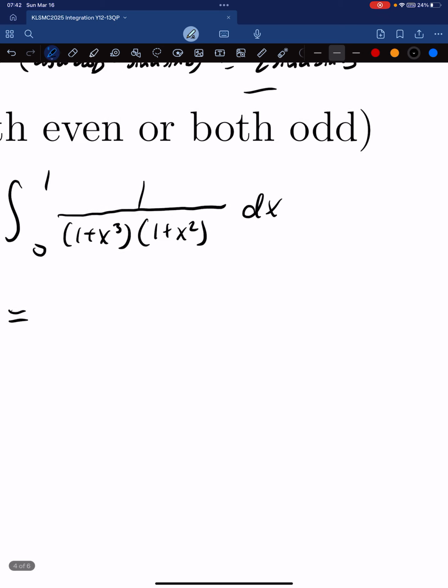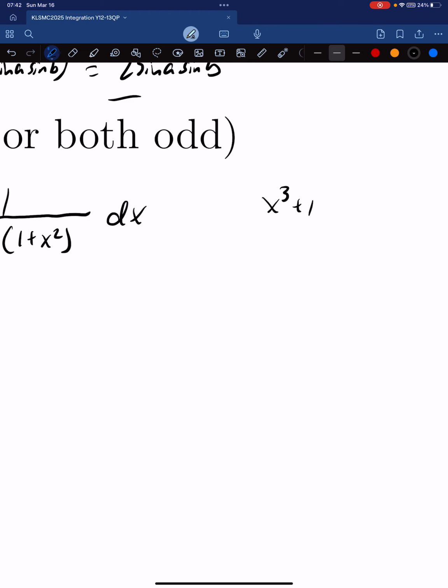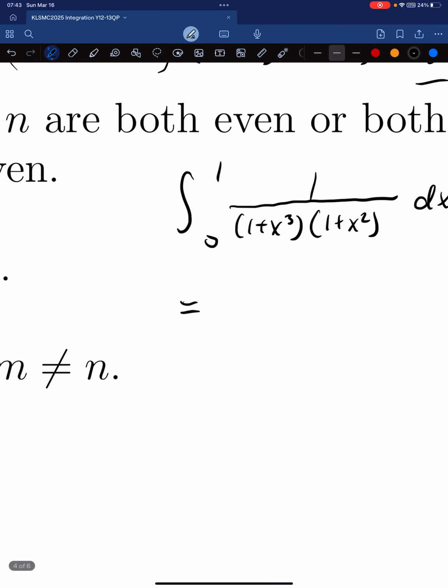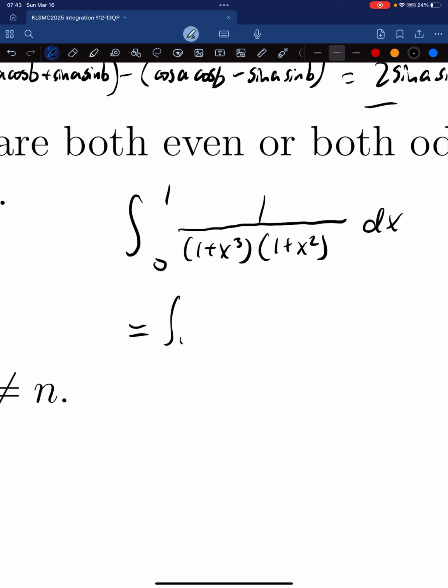Well, I know that x cubed plus 1 can be factored into x plus 1 times x squared minus x plus 1. So we can represent our denominator as 1 plus x times 1 minus x plus x squared times 1 plus x squared, and we try expanding this in terms of the sum of partial fractions.